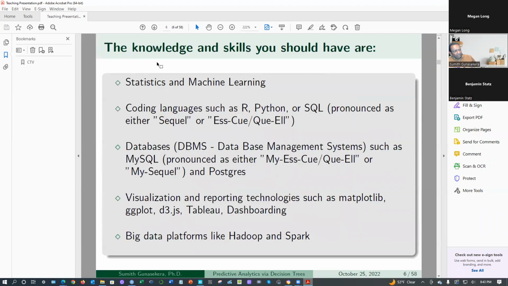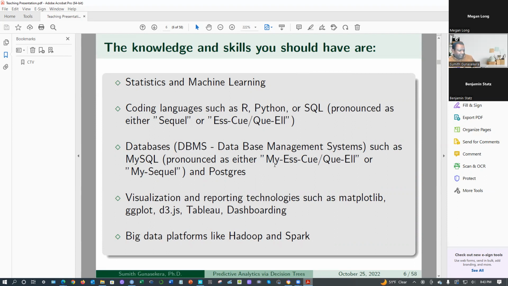See, the knowledge and skill you should have: statistics and machine learning, coding languages such as R and Python. We call it SQL or sequel, doesn't matter. Databases. MySQL is named after the daughter of the inventor of this one, if I'm right. That's the daughter's name.